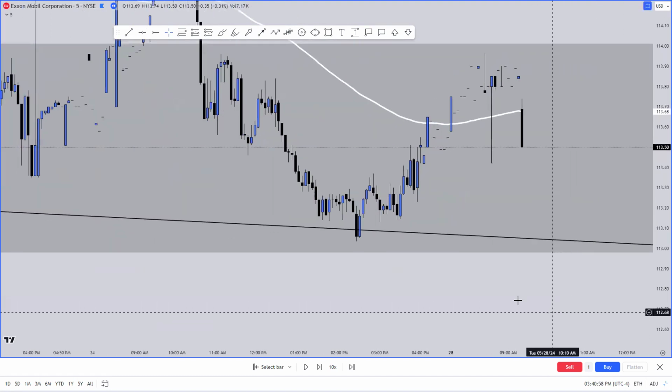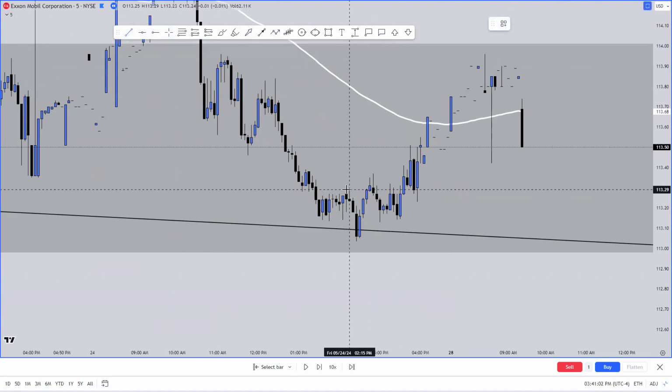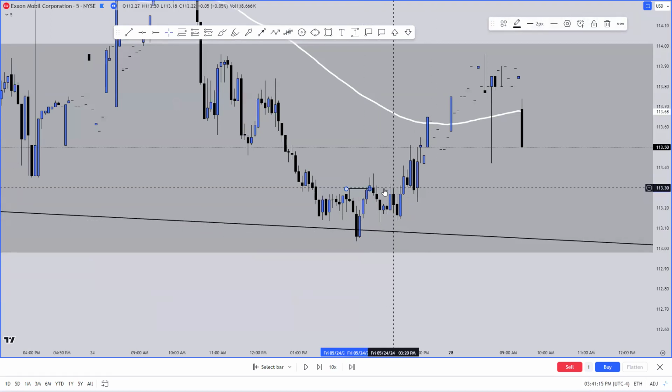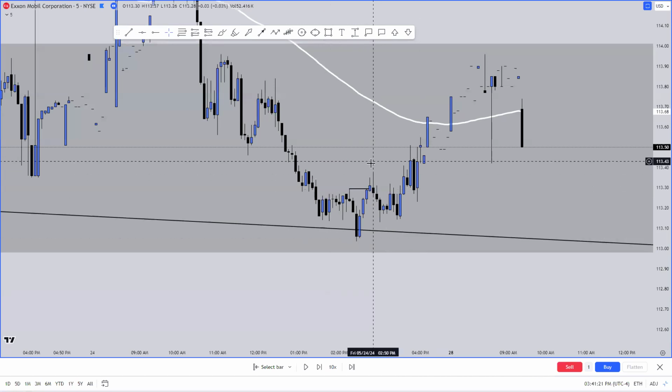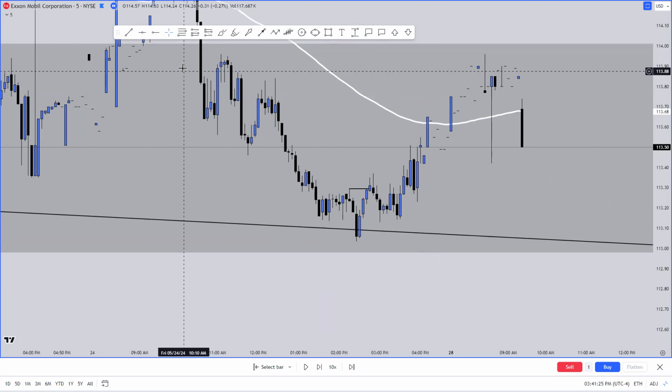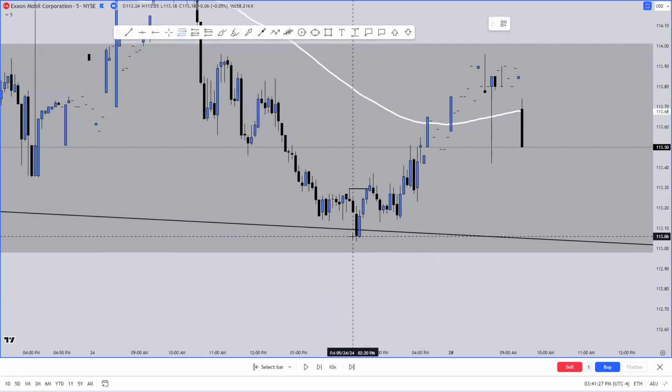But I also noticed that we have a shift in structure right here. Some people might call this a market structure shift. Others call it a break of structure, change in character. People have different names for this. But I noticed there was a shift right here, change of character, whatever you want to call it. And then I put my fib level on here.